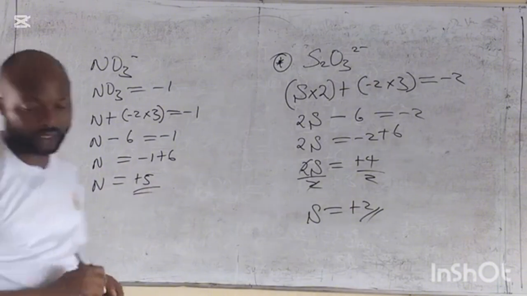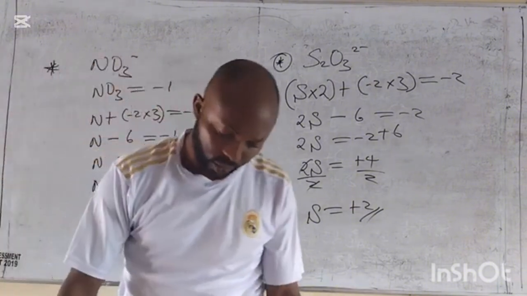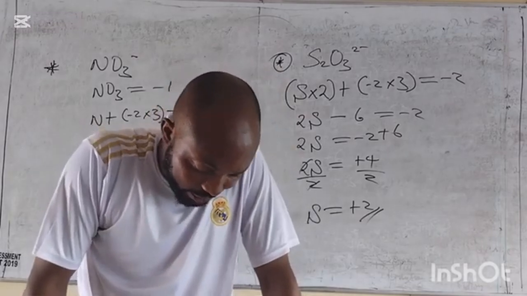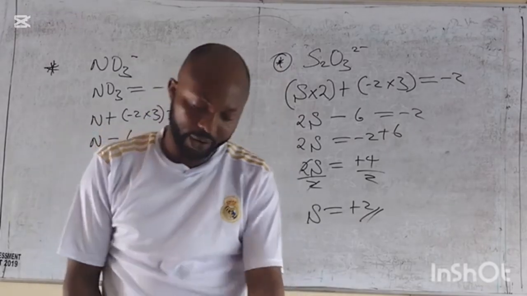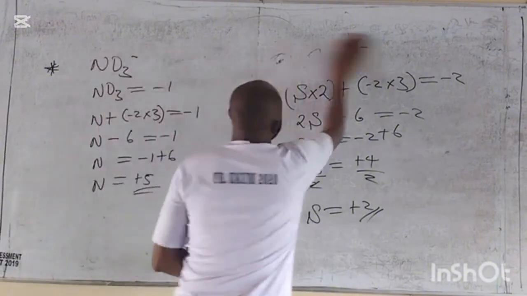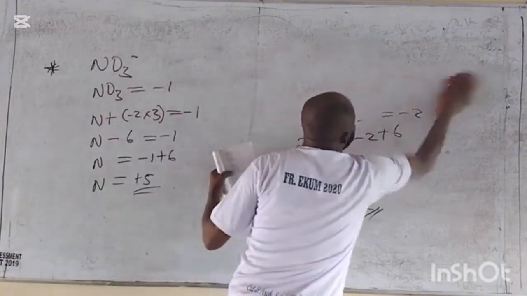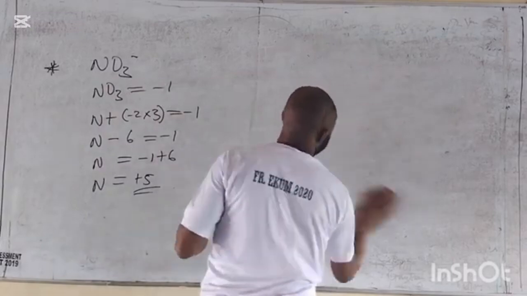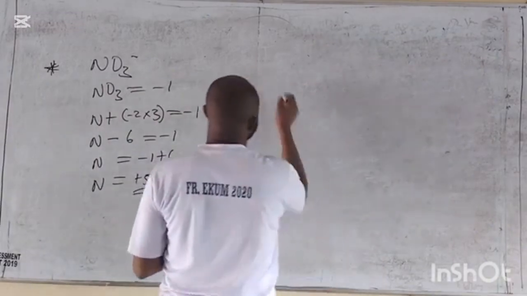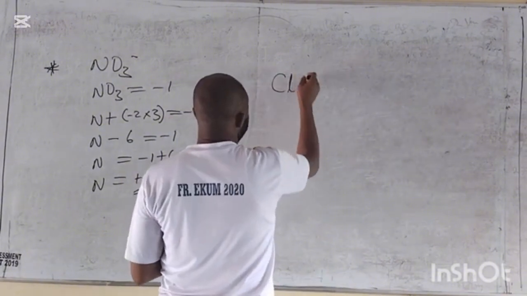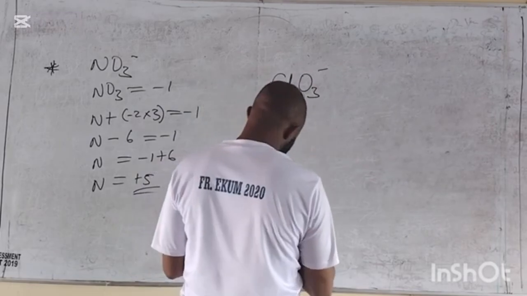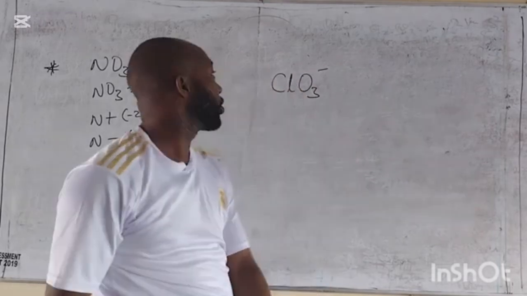Alright, that is it. Let's take another. We should calculate the oxidation number of chlorine in this compound. We're calculating the oxidation number of chlorine there.